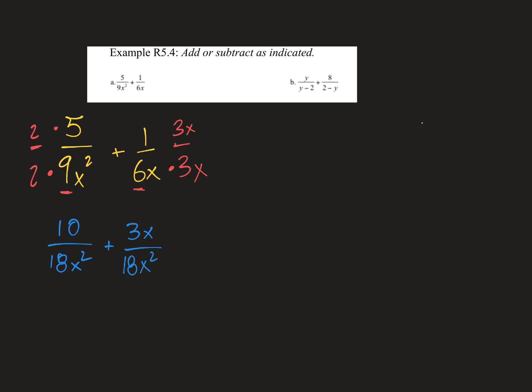Now that we've got this with common denominators, we can put it together to get our final answer. So 3x plus 10, and I'm just writing it in standard form, so I put it in order, over 18x squared. And we should, of course, reduce if we can at the end. In this case, we cannot, so we will stop right here. And that is the solution to example A.